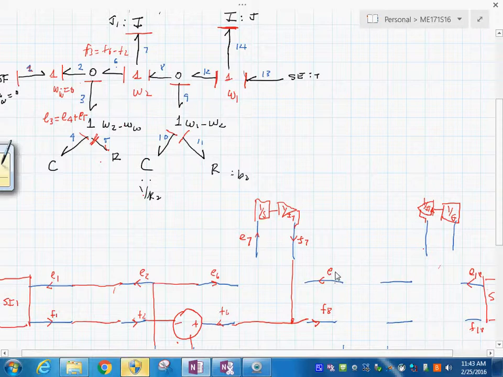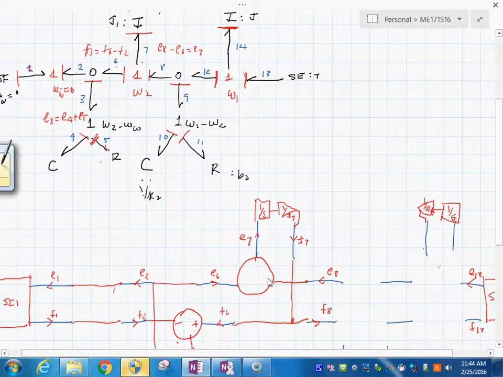So we are going to go now to the zero junction here. See, we continue doing the same thing on every single one of them. All the efforts are the same, but the flows will add. In that zero junction, you can see that E12 is going to the right and E8 is going to the left. So this is E sub 12, and then you have that F sub 12.